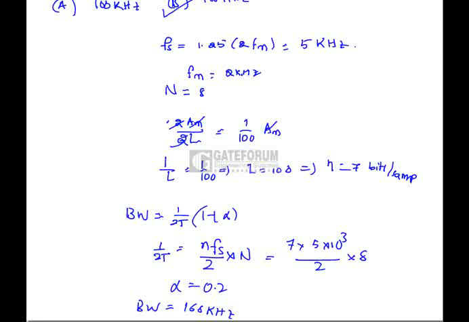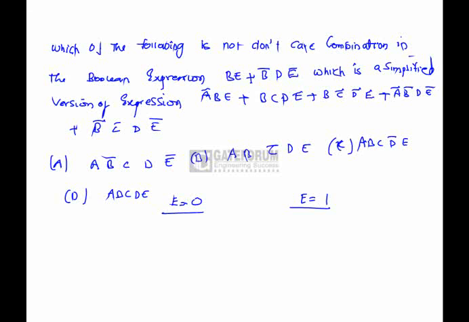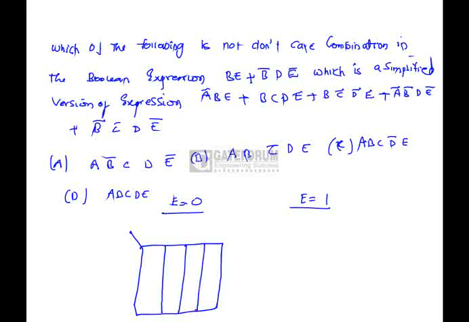Which of the following is a don't care combination and the Boolean expression, which is a simplified version of the expression? Here E equals 0.